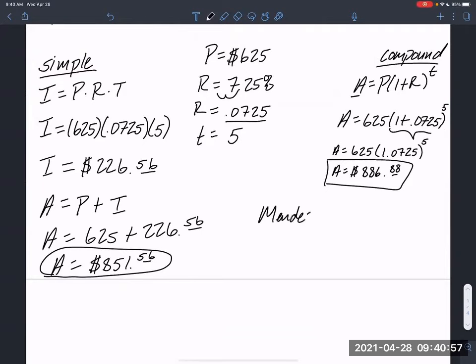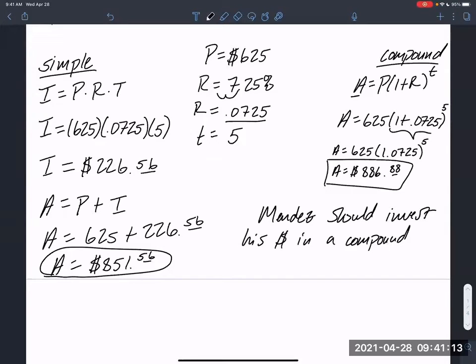Mendez should invest his money in a compound interest account. Some variation of that is fine.